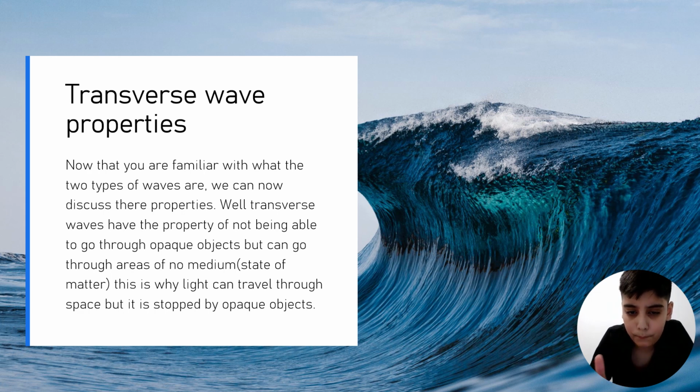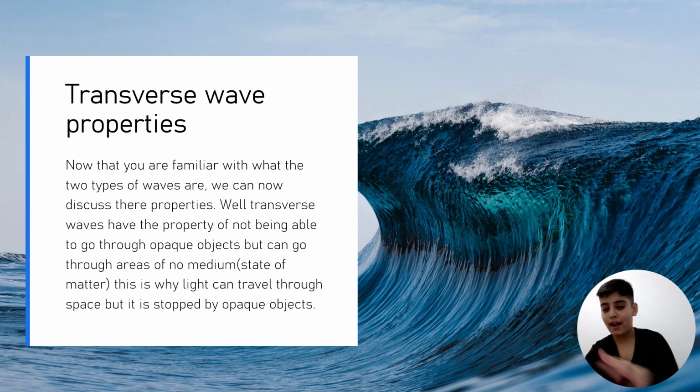Light is a key example to look at, because this can tell you all of the properties of a transverse wave. Light can travel through a vacuum. So that means it can travel through space. Space is a vacuum. There's no medium. By the way, medium means a state of matter covering that area, but there's no medium. That means it can just travel through, even with no medium.